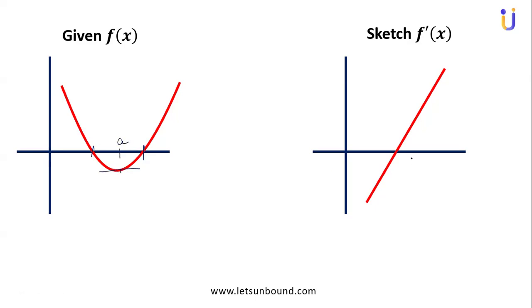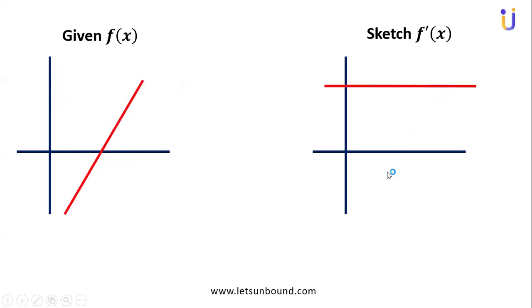So at this point A, the graph will cross the x-axis. So from this to this till A, it's decreasing. So if your f of x is decreasing, your f dash of x should be negative. Negative means below the x-axis. If your f of x is positive, it should go above the x-axis. That's simple.